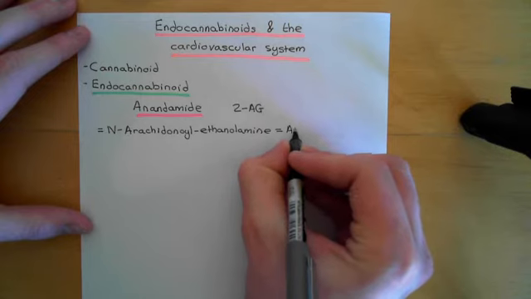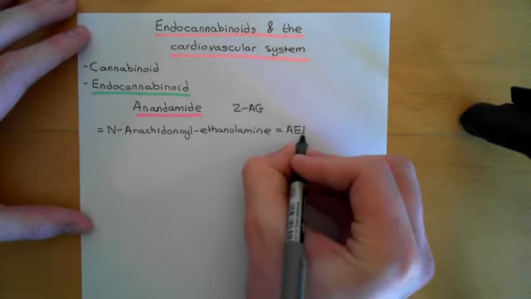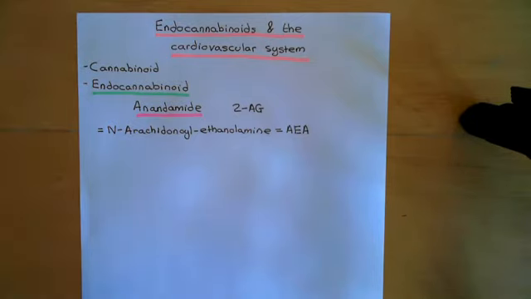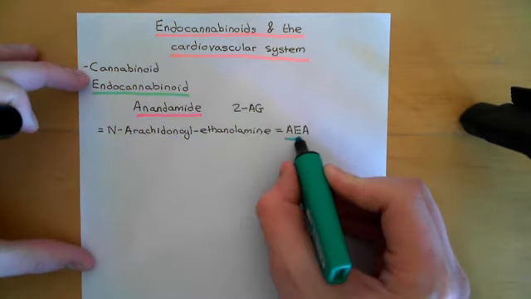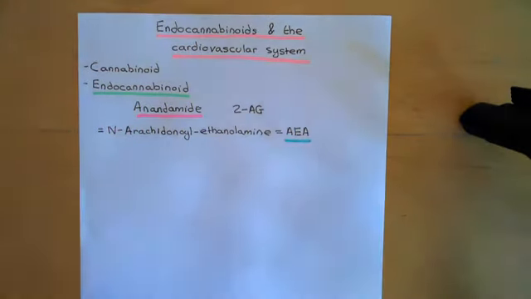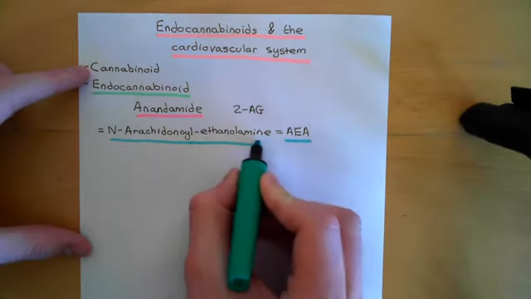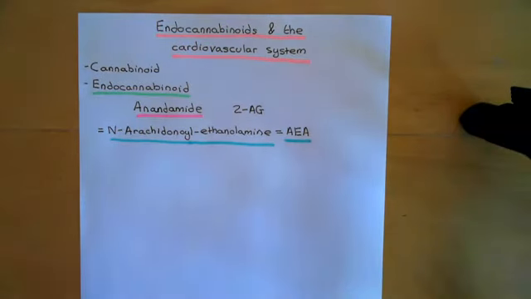So A for arachidonyl, E for ethanol, and then A for amine. So you will often, if you read the literature, just see anandamide abbreviated to AEA, and you might be wondering, well, how on earth does anandamide get abbreviated down to AEA? Well, it's because the proper name for anandamide is N-arachidonyl ethanolamine, and it's that name that we abbreviate down to AEA.